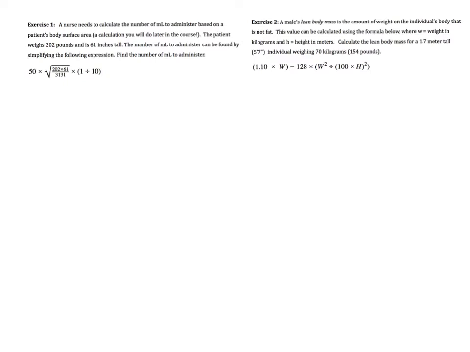This expression right here, once simplified, is going to give us the number of milliliters to administer. So what we need to do is just simplify this expression. Now, this is different than some of the examples we've already seen because we have a square root right in the middle of this expression. But when you have a square root in here, it's nice because the square root symbol can be treated as its own grouping, if you will.